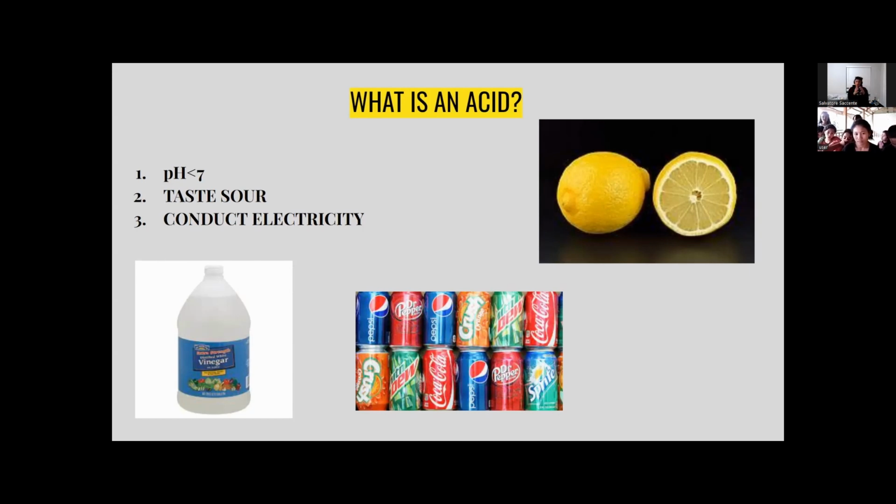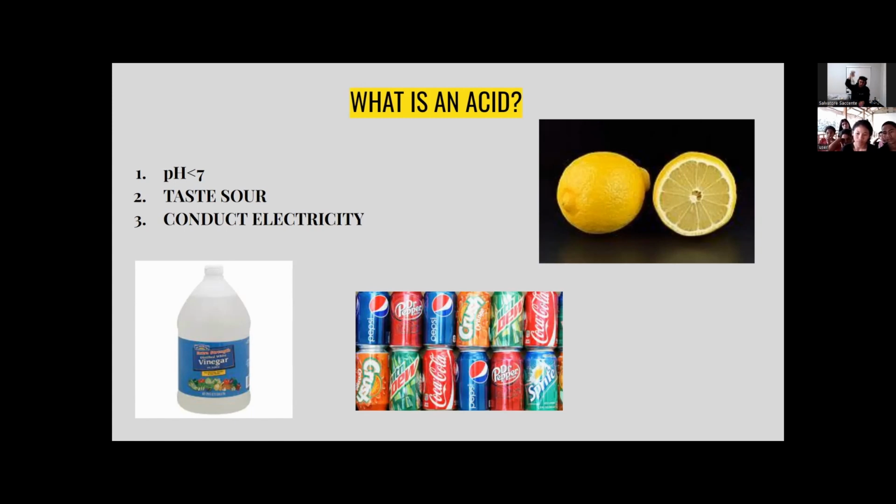Some physical properties: acids taste sour. You have a picture of a lemon. The lemon fruit is considered an acid, and it tastes very sour, and acids conduct electricity. Lemons contain what is called citric acid.